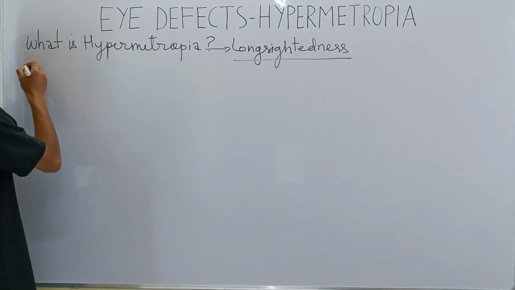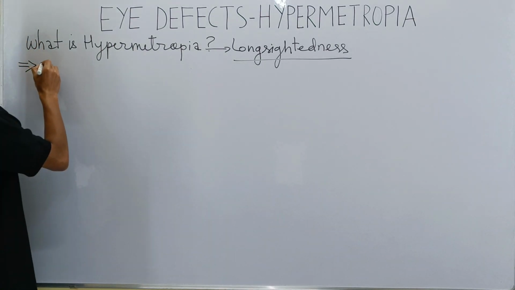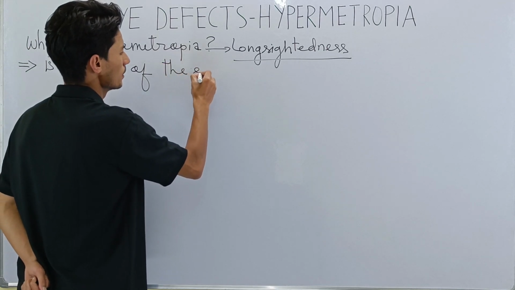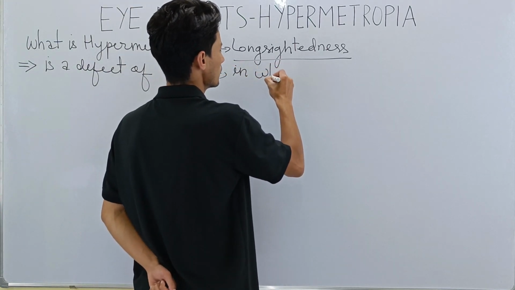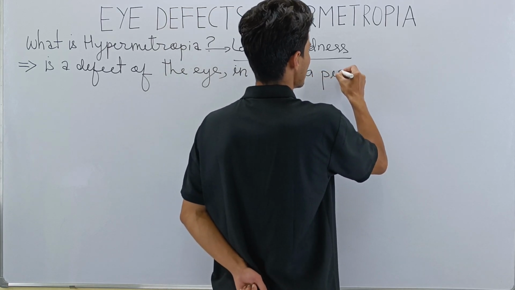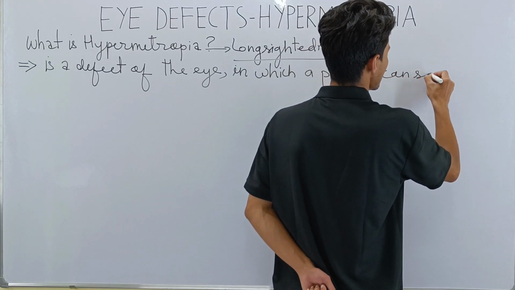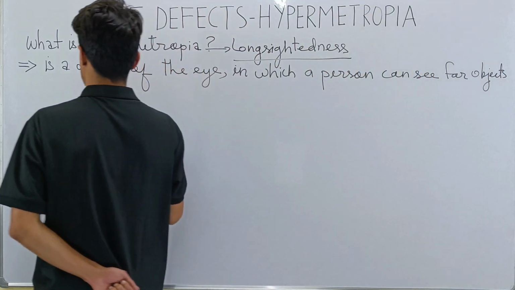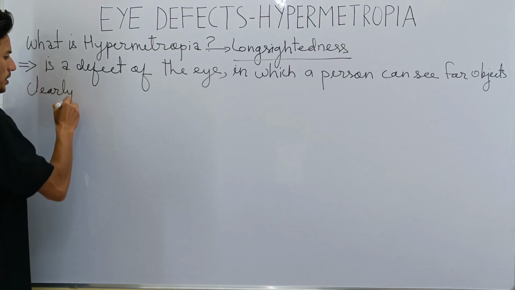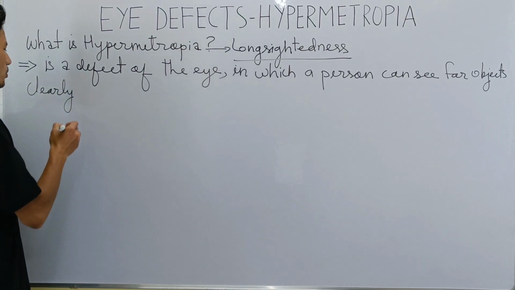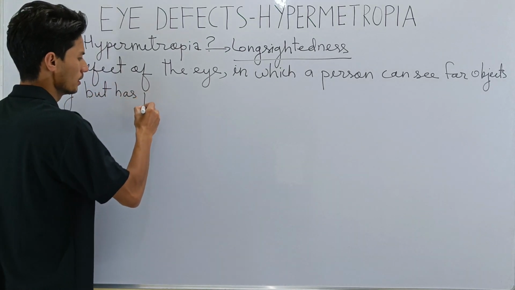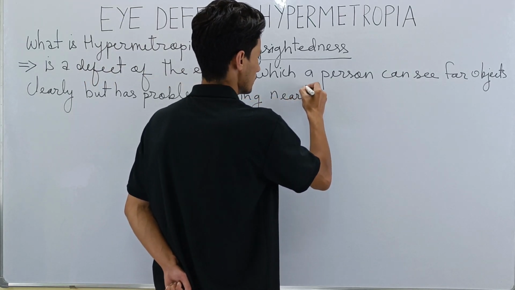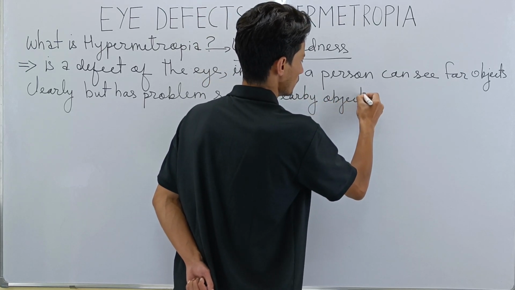So let us write the definition of what hypermetropia is. Hypermetropia is a defect of the eye in which a person can see far objects clearly but has problem seeing nearby objects.